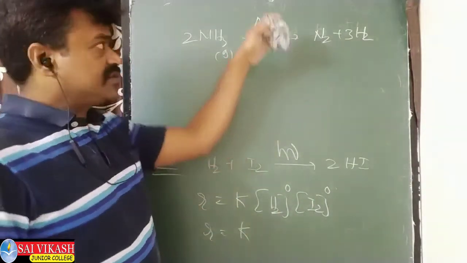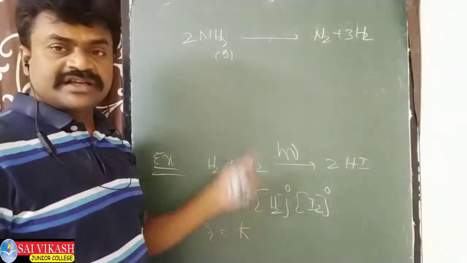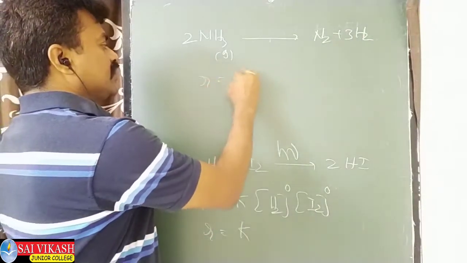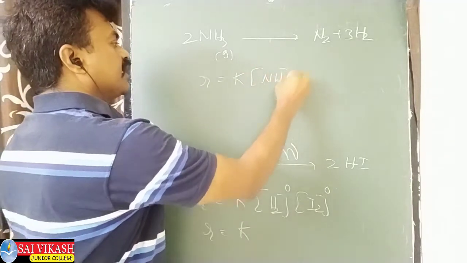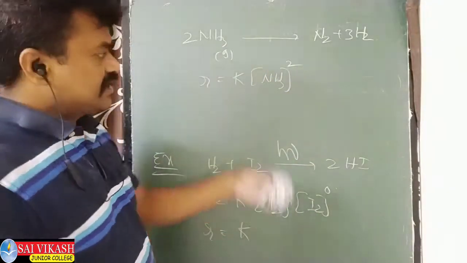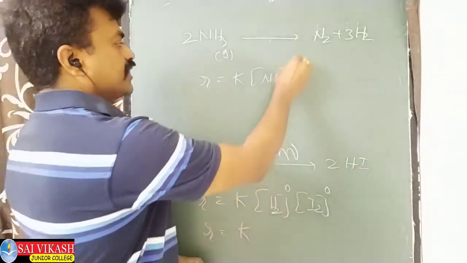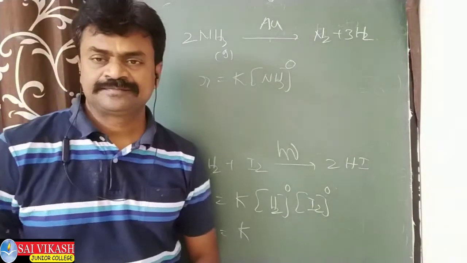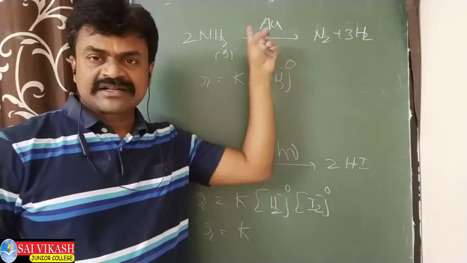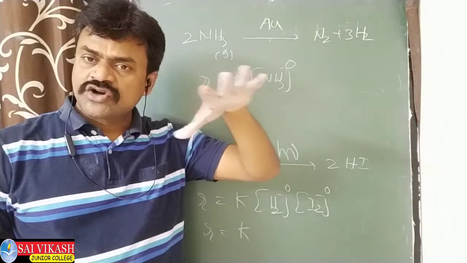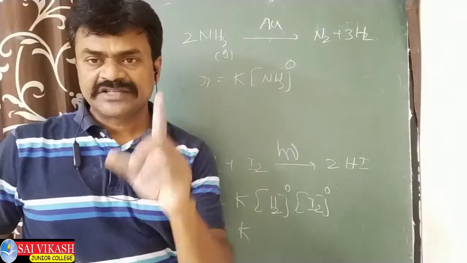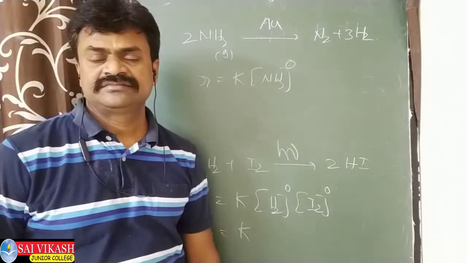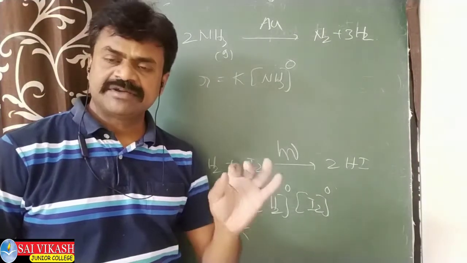Actually, if this metal surface is not there, it is a second order reaction. You can write R equal to K into concentration of ammonia squared. But for a zero order reaction, any metal surface should be taken. In the presence of the metal surface, the reaction goes at constant speed. If the metal surface is not there, then it becomes a second order reaction.